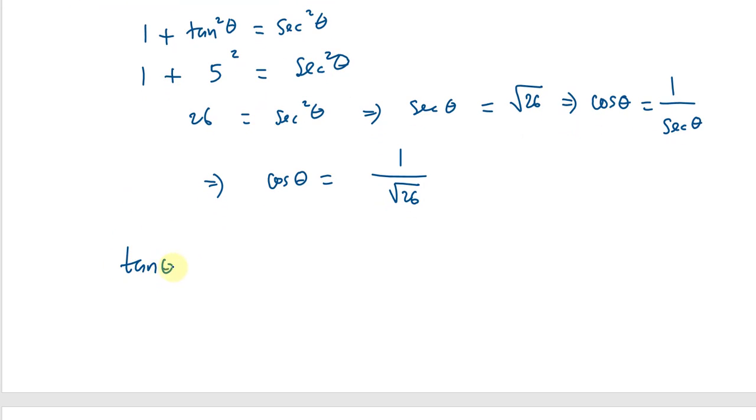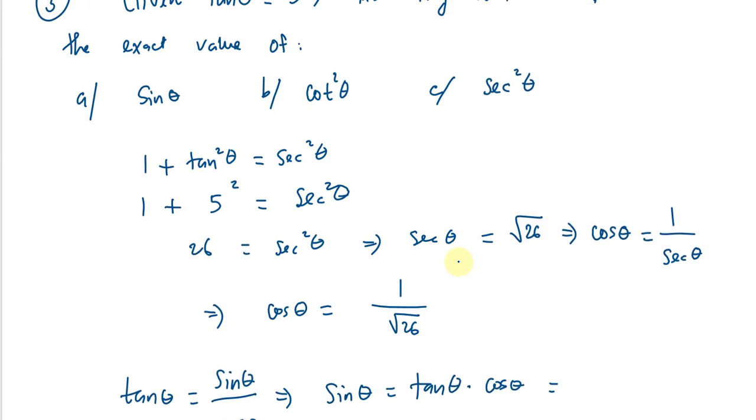Because tangent is equal to sine psi over cosine, right? So to find sine psi, I multiply both sides by cosine, and I know tangent.